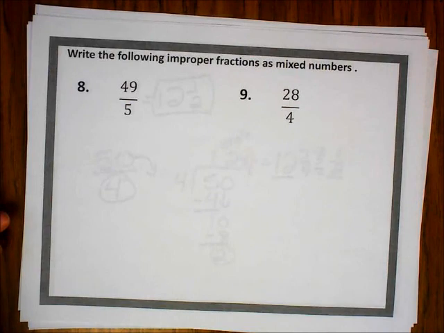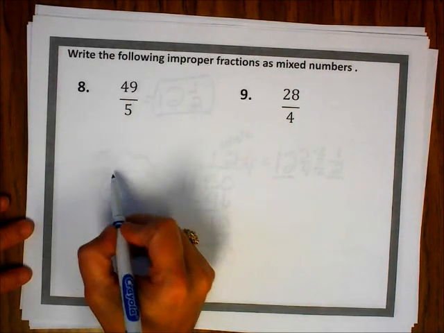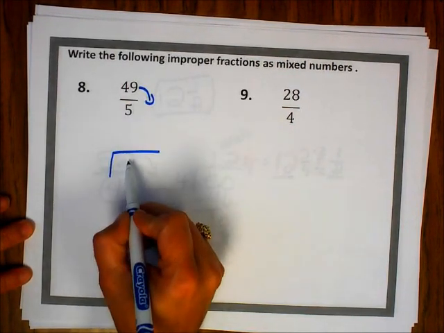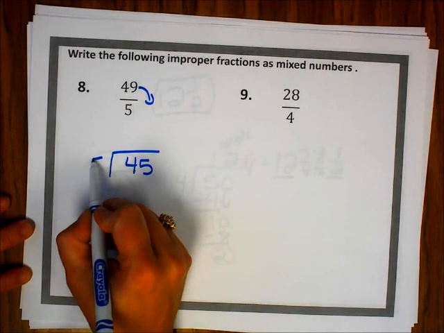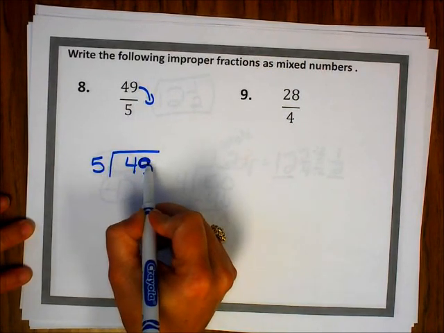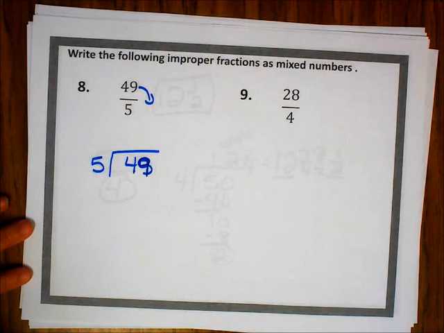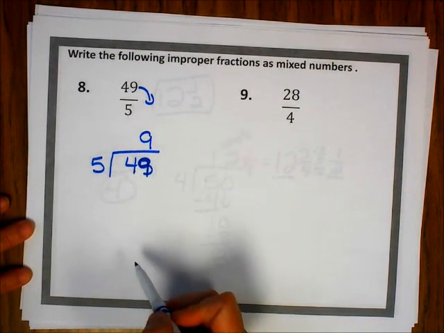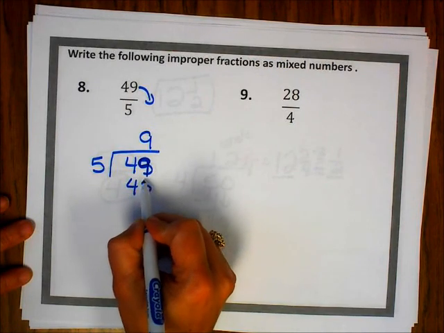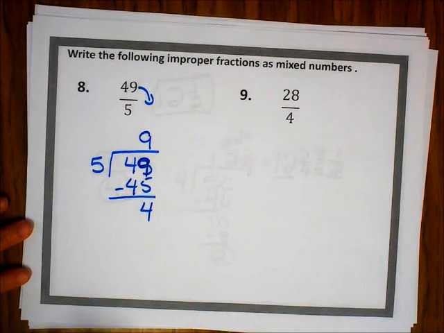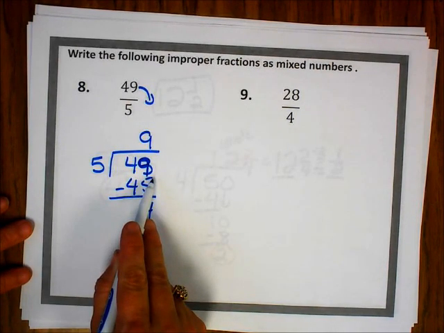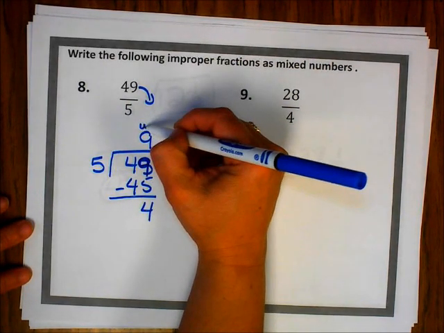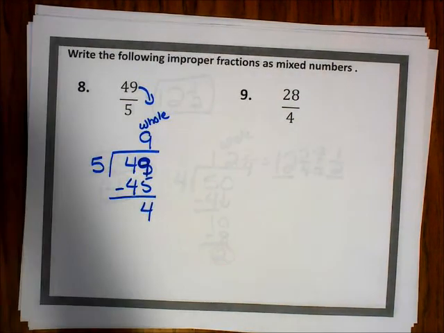For number 8, let's check your work. 49 should have fallen to the side. Now I'm able to divide. 5 goes into 49 9 times. 9 times 5 is 45. So I had 4 left over. 5 divided into 49 9 whole times, so don't forget 9 is your whole number.